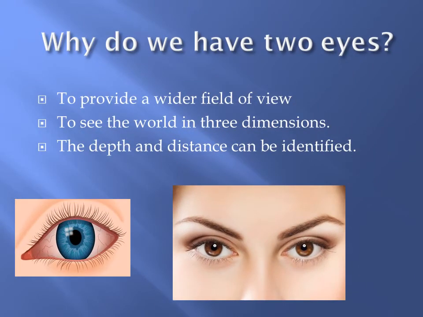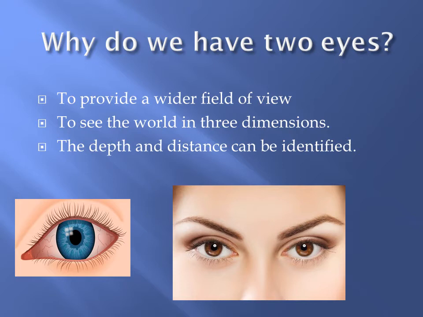Now we will see why we have two eyes instead of one. There are several advantages to having two eyes, such as a wider field of view. In addition, each eye forms a slightly different image of an object.